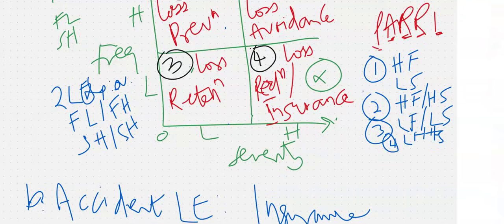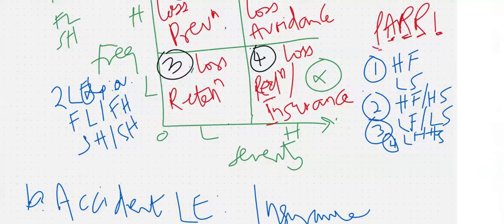Loss reduction. Yes. But don't forget, based on your evaluation or analysis, you should be able to determine the technique. So don't go and choose, let's say, something else. You said low frequency, high severity, which should be either insurance or loss reduction.